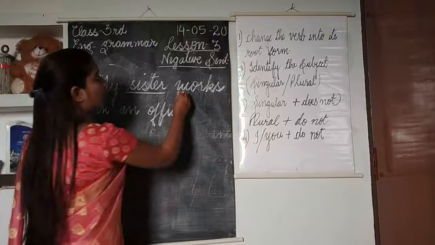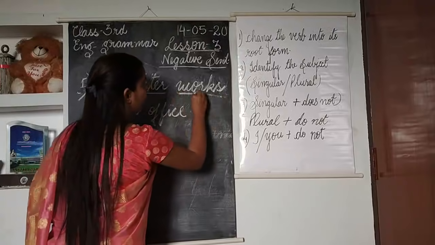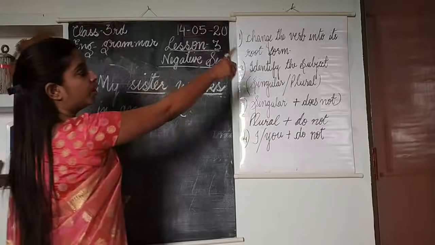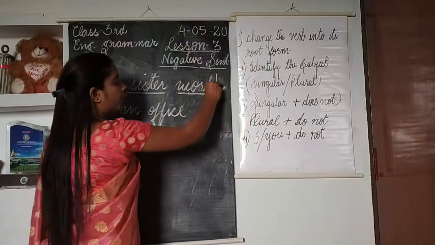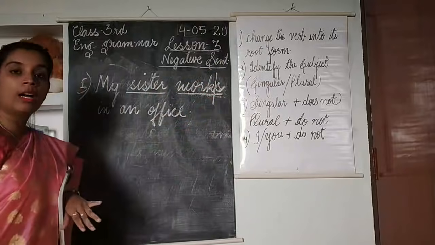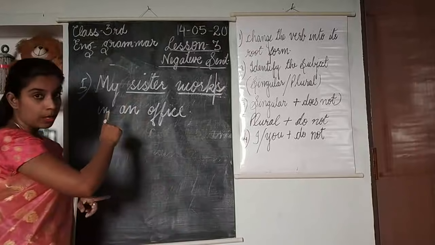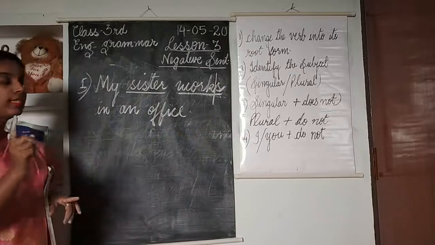What is the verb here? Works is the verb. First you will change the verb into its root form, so works will become work. Since the subject is singular, we are going to add does not after the subject.